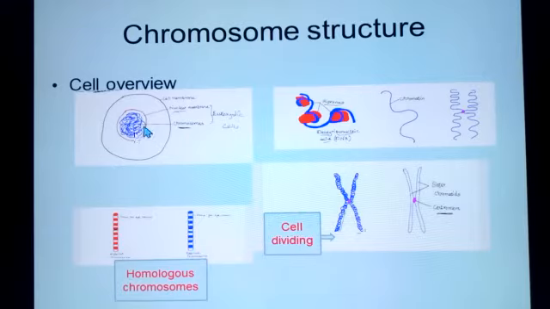Now, if you look at this cell here, it is membrane bound. It is bound by a membrane that we refer to as the nuclear membrane. Remember, we have different types of membranes. The cell membrane here.